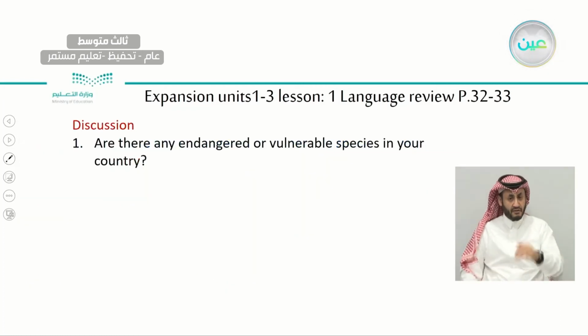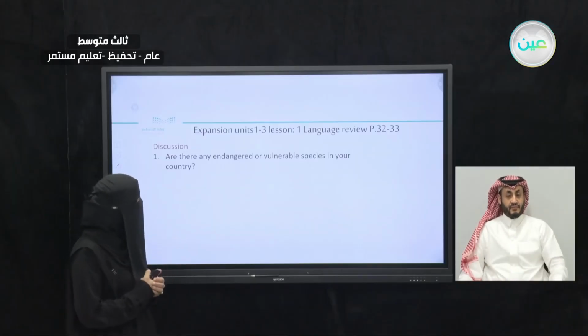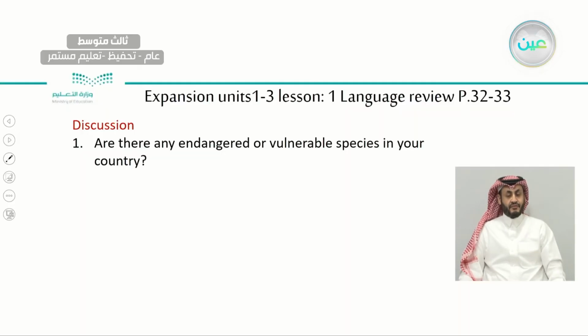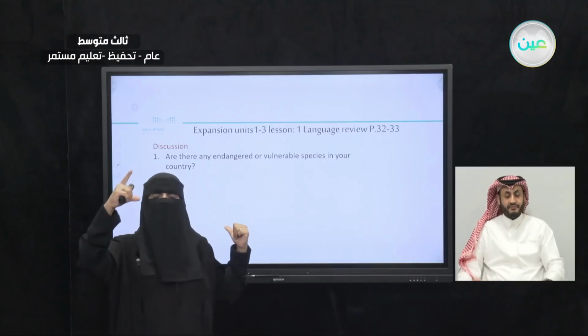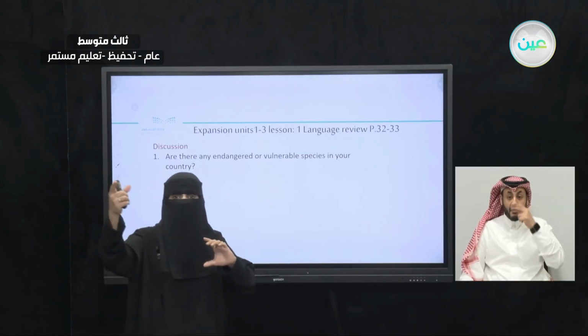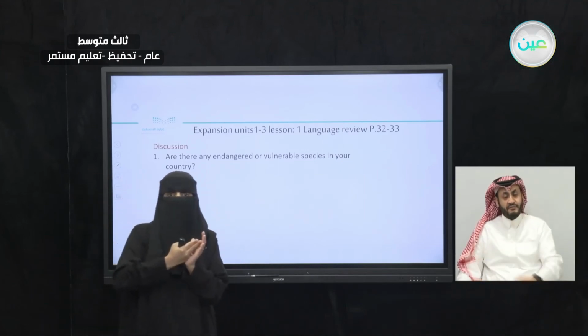The last part we have is the discussion. At the bottom of page 33, you have a discussion. Here the question is, are there any endangered or vulnerable species in your country? For the reading and the exercise before, they talked about tigers and pandas. What do they have in common?